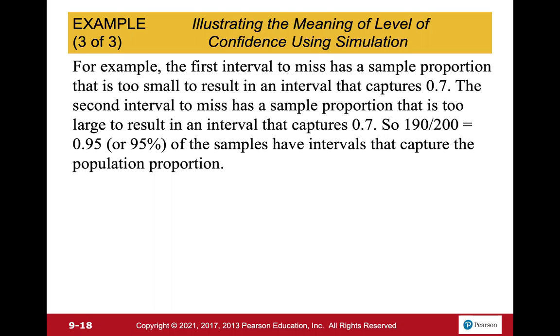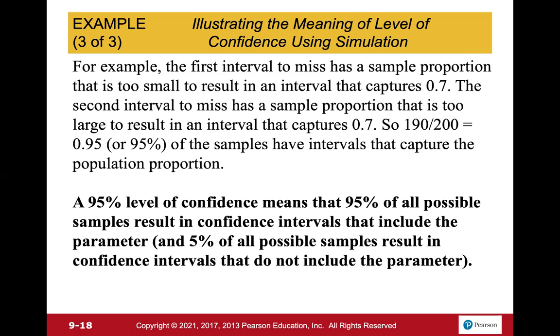Again, we're not really computing anything. This is just to show you a different way that we caught our population proportion, or didn't. So a 95% level of confidence means that 95% of all possible samples result in confidence intervals that include the parameter, and 5% of all possible samples result in confidence intervals that do not include the population parameter.